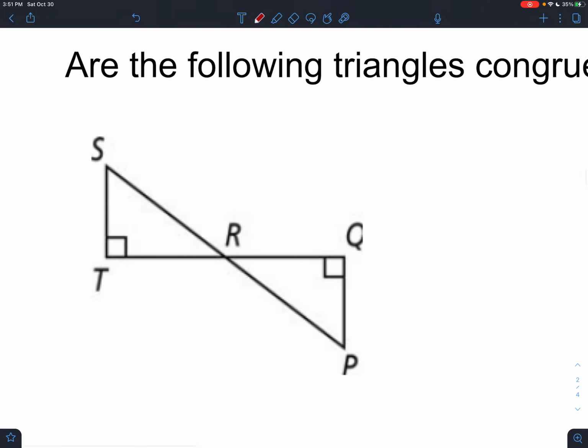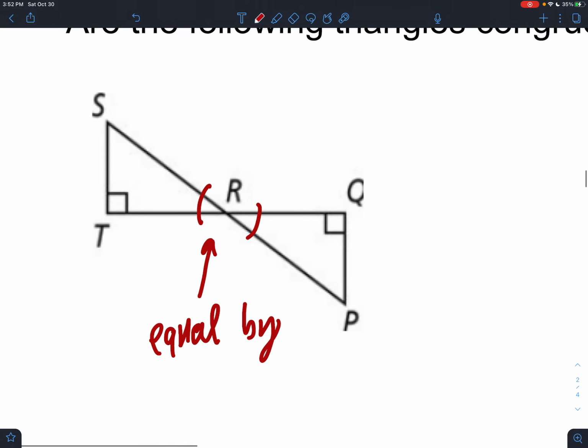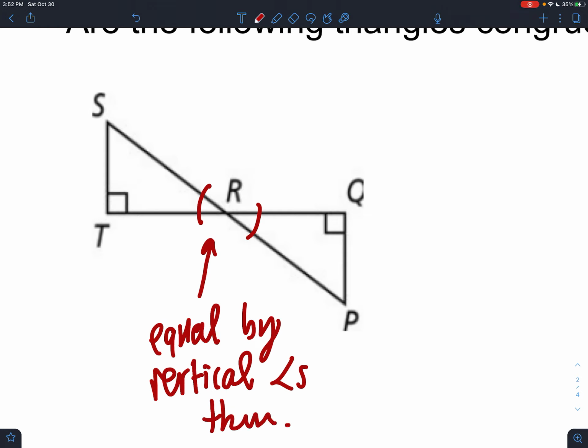What could you say about this angle here and this angle? Are they the same? Yeah, those are equal. Equal angles by vertical angles, right? Maybe vertical angles theorem.